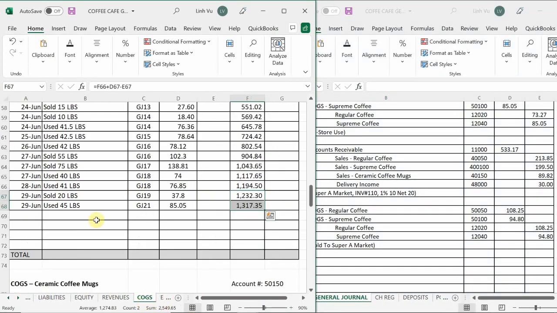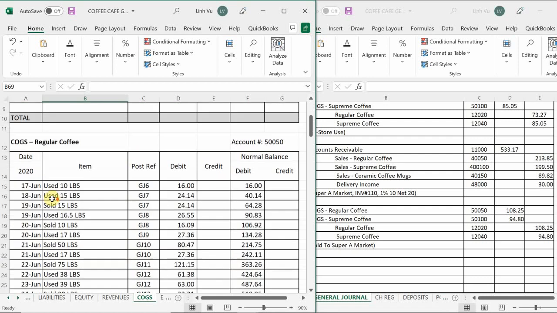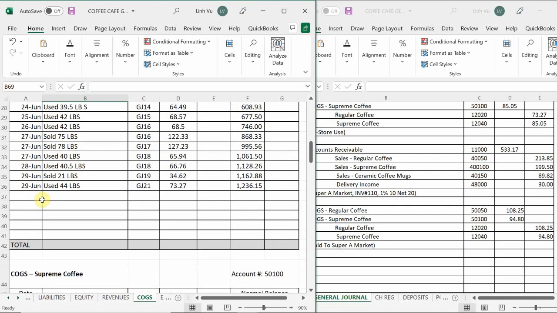All right, we got the cost of goods sold. We sold 65 pounds at a total of 108.25.